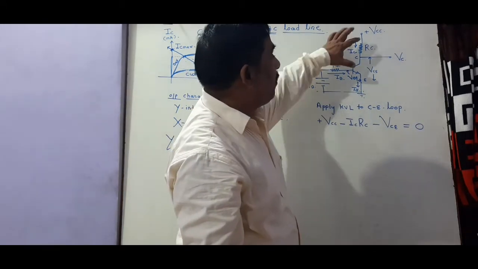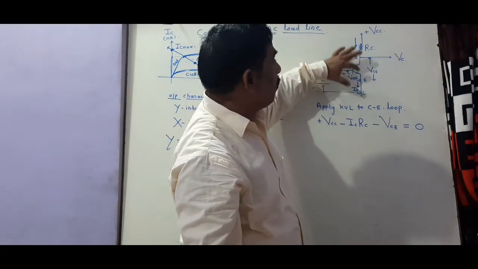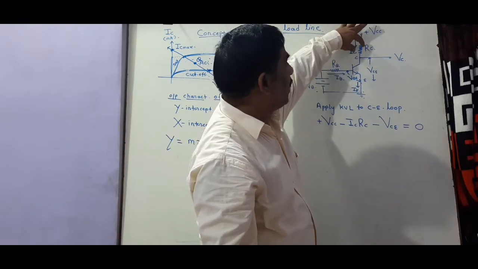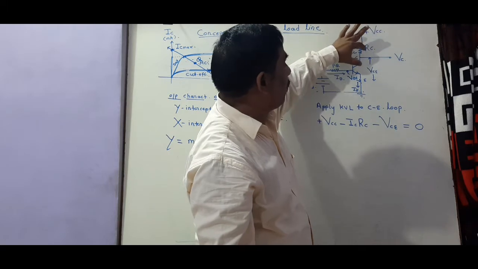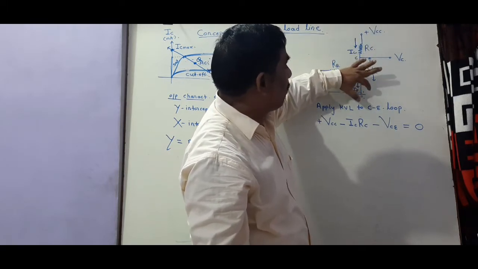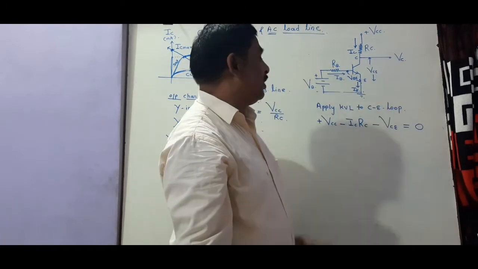So applying the KVL to the collector to emitter loop, this is the supply voltage plus VCC, minus ICRC, this drop, minus the voltage between collector and emitter VCE, and after that ground, that is equal to 0.